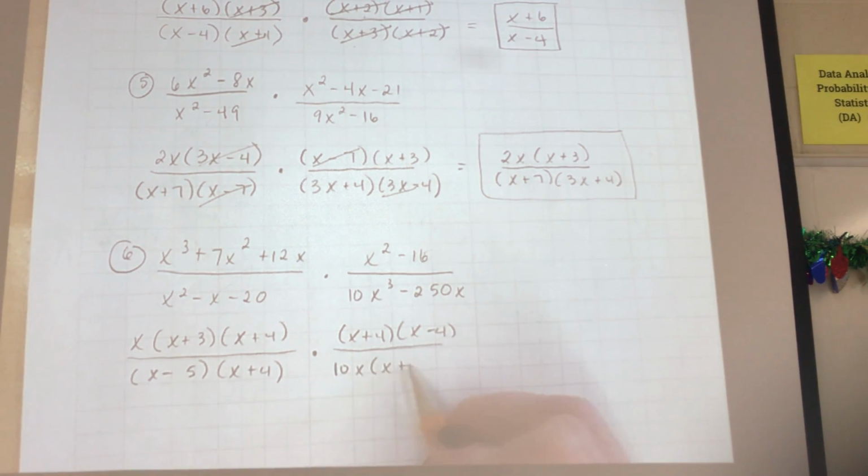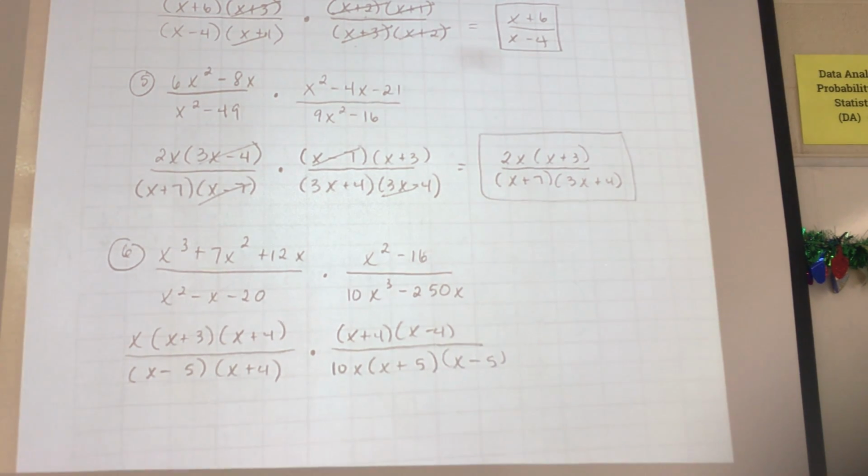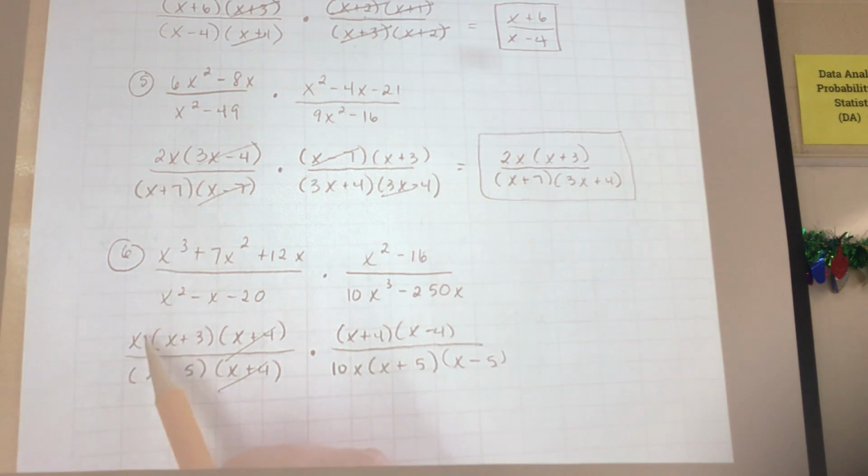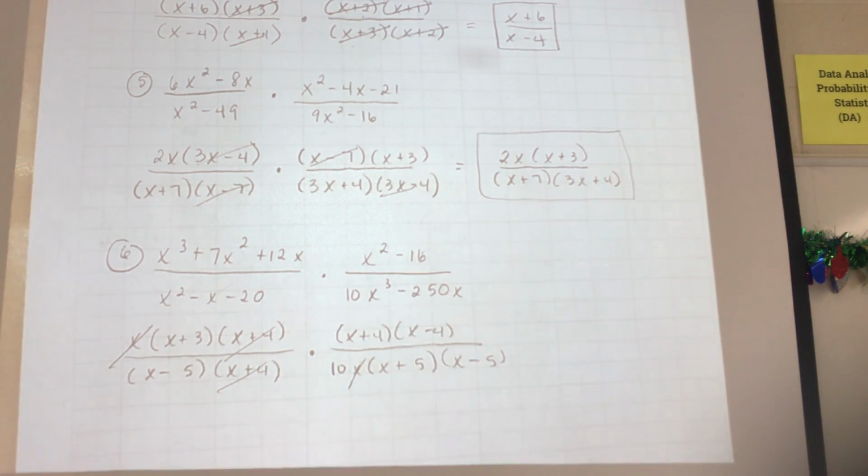So here is your factored form, and we're going to look for common factors now. X plus 4. Oh, this little x right here. This x and this x, but not the 10. Leave the 10 alone. And I think that's it.